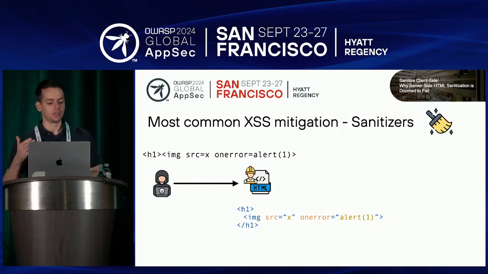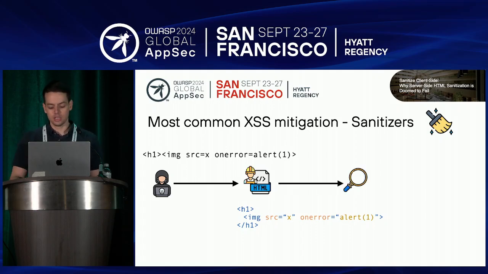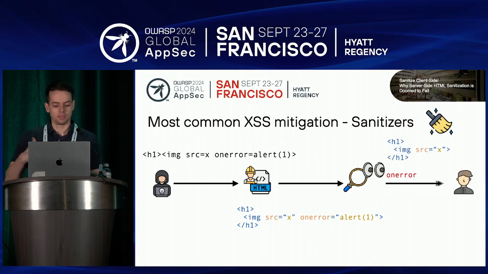Now we can see which element is a descendant of which element, what attributes we have, etc. The second step that sanitizers can do is iterate over that object and see what we want and what we don't want to have in our markup. In our case, they can look and see, okay, we have an onerror event handler that can execute JavaScript code. Let me just remove that, and then I can pass it along to the user, and everything should be safe.